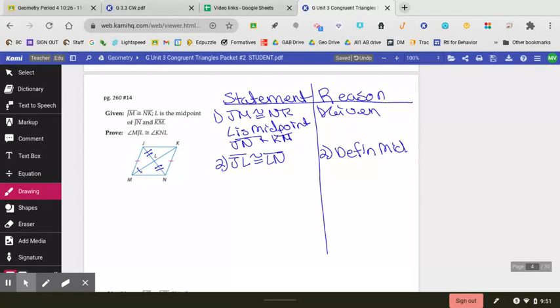So that means LM and LK are equal. Because again, definition of midpoint. Now if I look, my triangles are the same, and this should say triangle MLJ and triangle KNL. So that means triangle MLJ is congruent to triangle KNL by side, side, side.